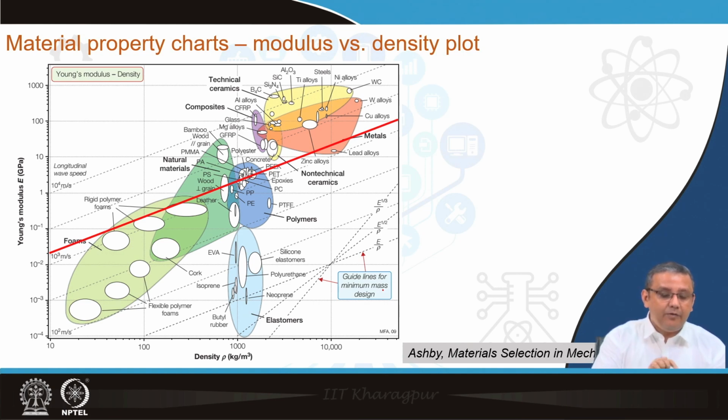Now I have shown one straight red line with a constant slope, and you can see that this line cuts through the foams, natural materials like wood, some polymers and also some metals. This gives us a very important conclusion: all the materials through which the line passes have identical sound velocity.